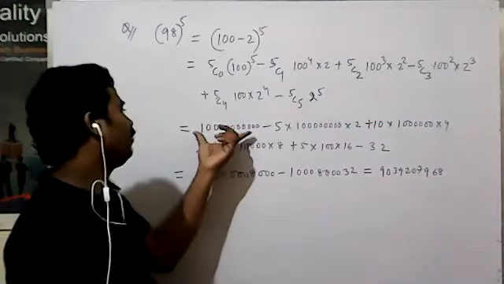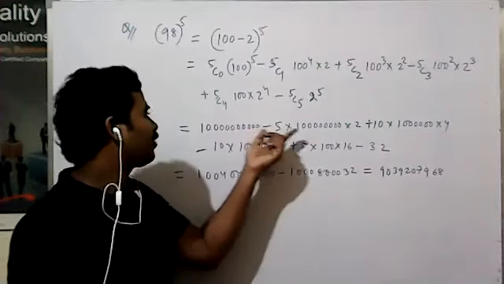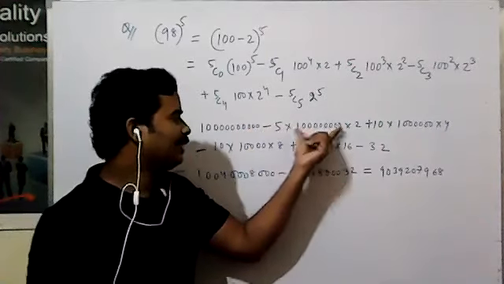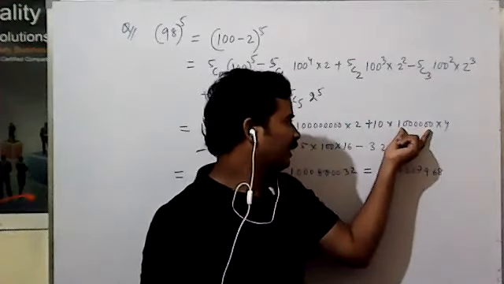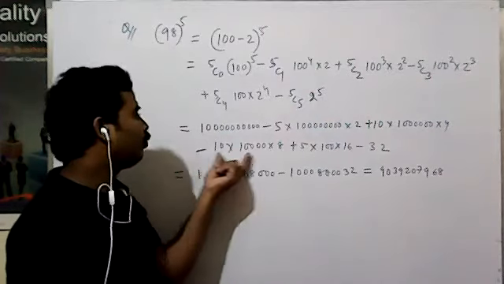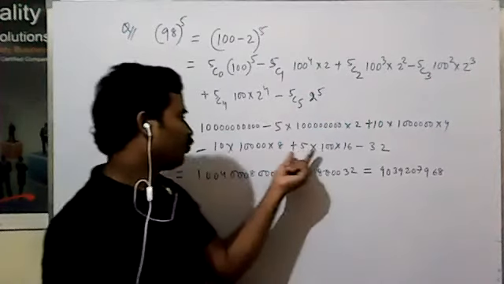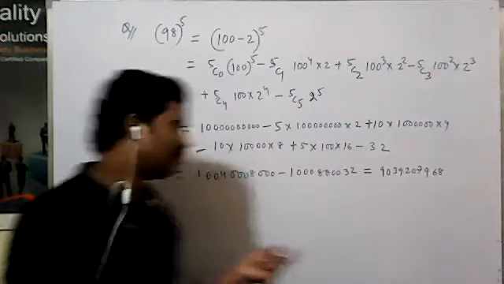So the value comes 10^10 minus 5 into 10^8 into 2 plus 10 into 10^6 into 4 minus 10 into 10^4 into 8 plus 5 into 10^2 into 16 minus 32.